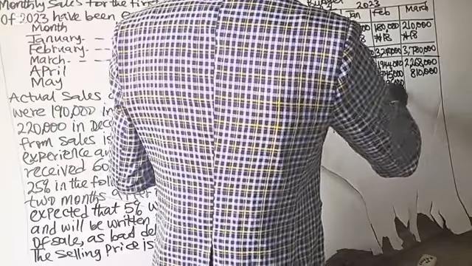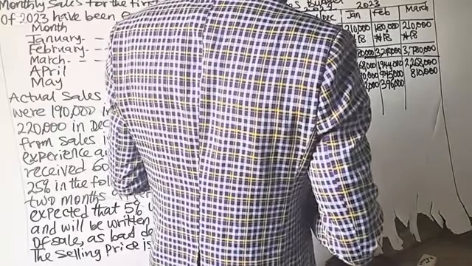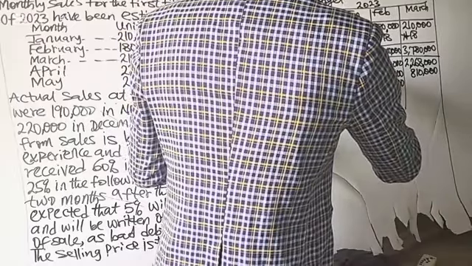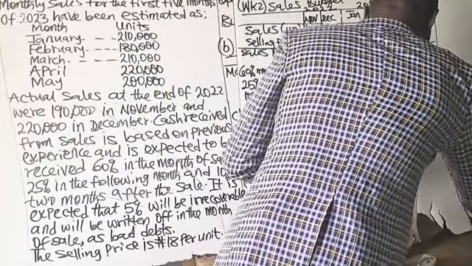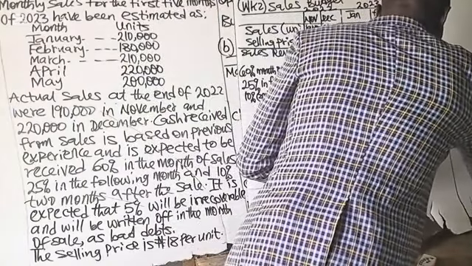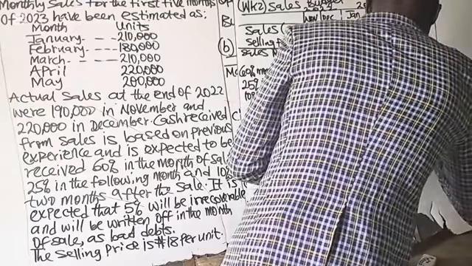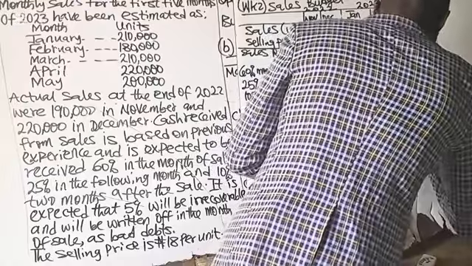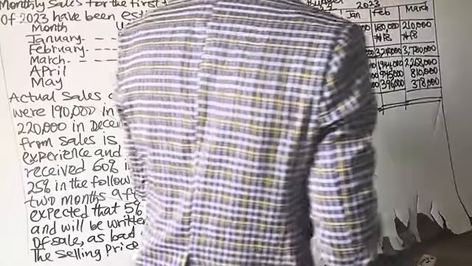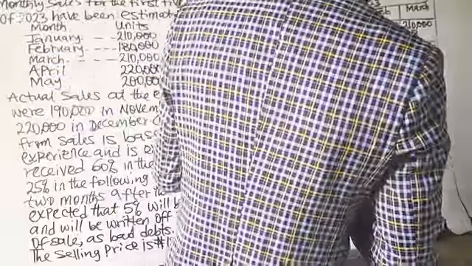It will not be received in February until March 2023. So 3,780,000, 10% of that will be 378,000. These are the amounts received from customers during the period.